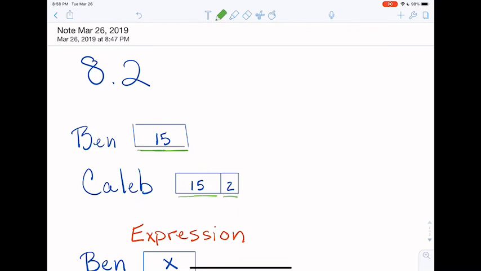And so our equation here would be 15 plus 2, and then we could write equals 17. And then our answer for how old is Caleb would be 17 years old. And we put a box around that.